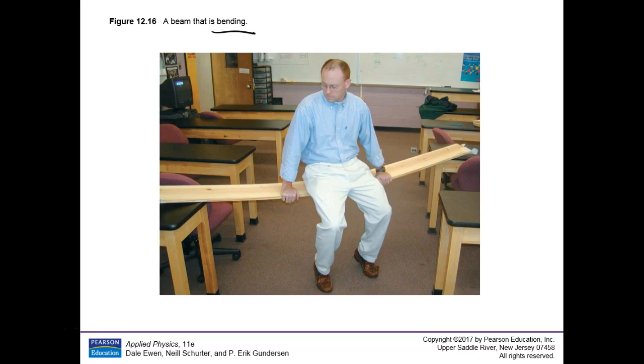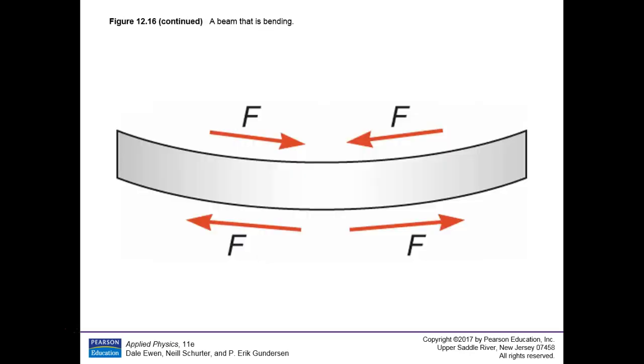Now, that looks a little strange, but down here, the bottom part of the board, the forces are like this, whereas the top part of the board, the forces are compressive forces. The bottom are tensional forces. Okay? And here's the illustration of this. These are compressive forces, and these are tensional forces. And it's a combination of those that results in the bending.